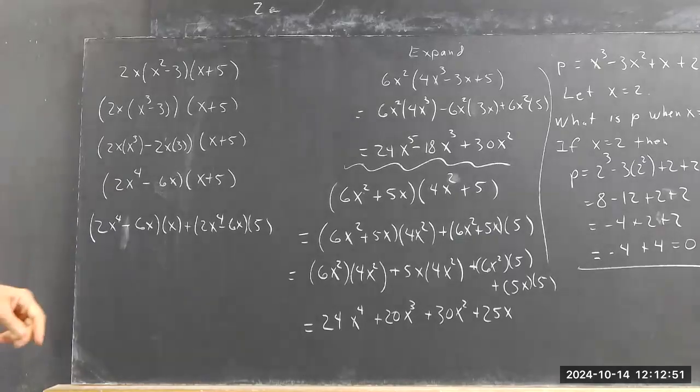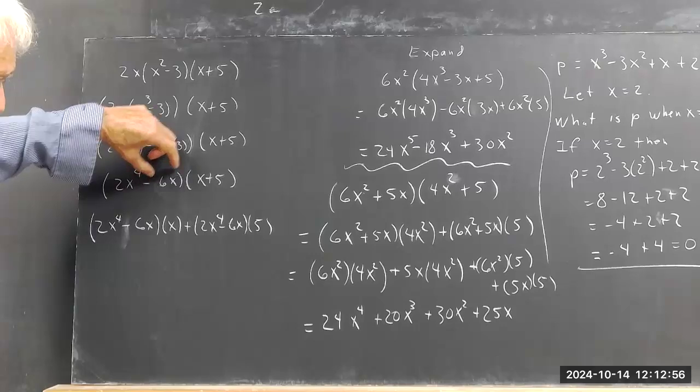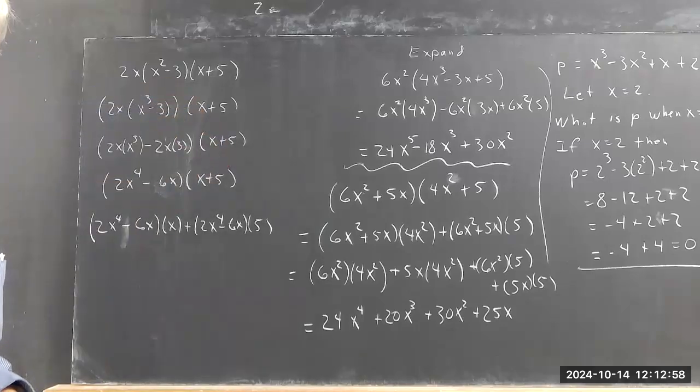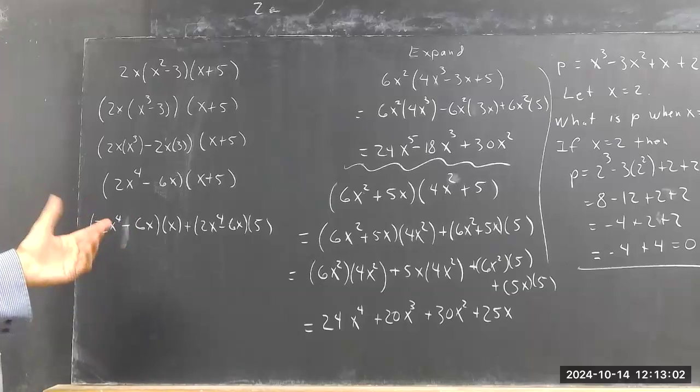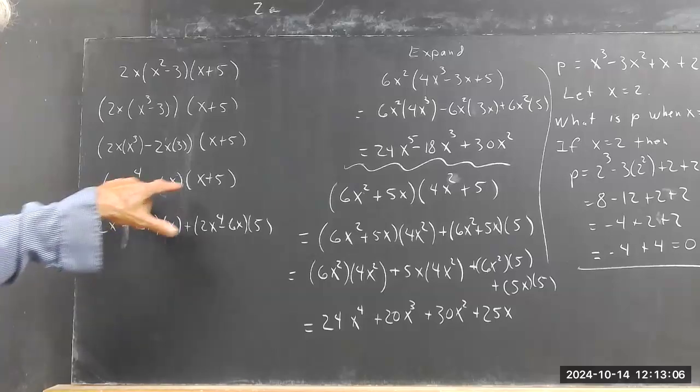That was another way I could have written this. I could do 2x to the 4th times x plus 5 minus 6x times x plus 5, okay? So you have the choice of doing that, or doing it the way I did, or just did this whole thing times x, and then plus this whole thing times 5.